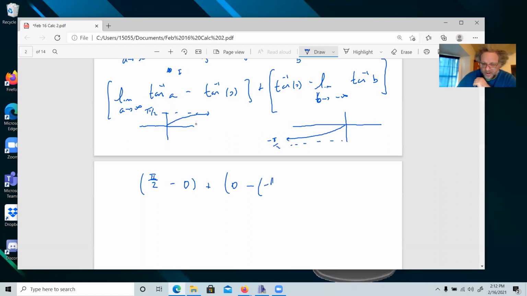So minus a negative pi over 2. We'll have pi over 2 minus a negative pi over 2, and that is going to be pi. So this integral converges to pi. All right, so that's what we have there.